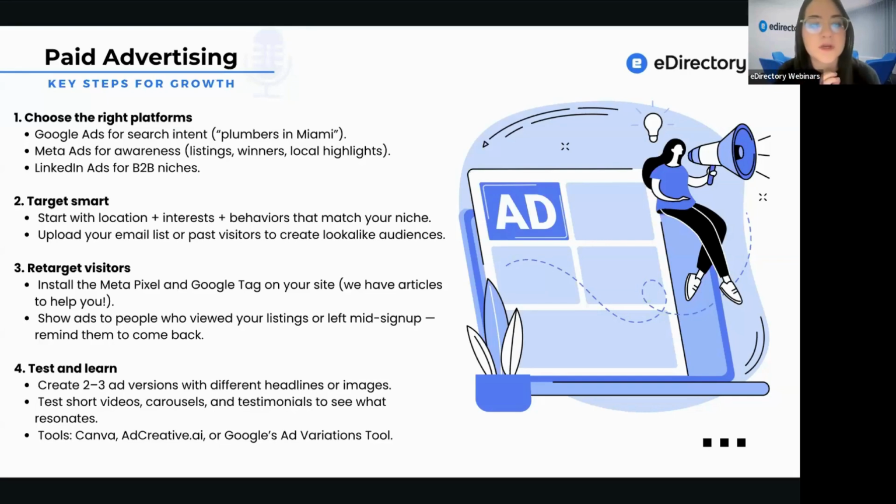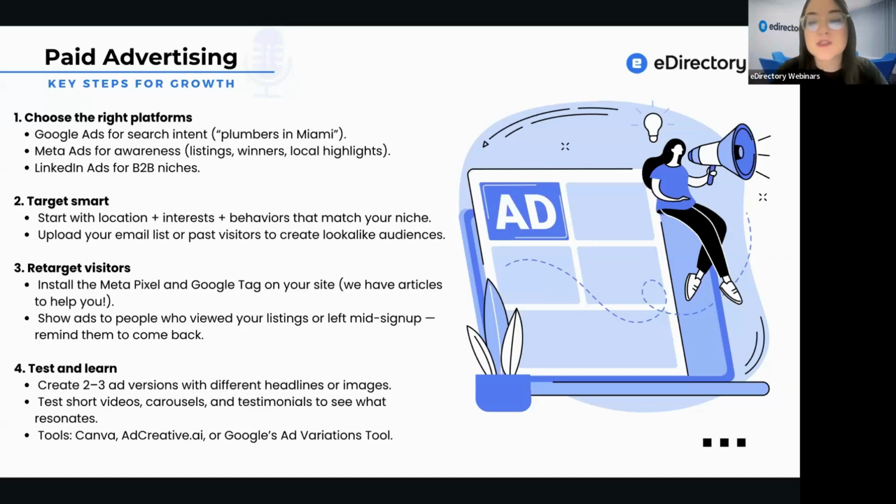And also retarget visitors, install Meta Pixel and Google Tag on your site. If you don't know how to do that, we do have articles to help you, or you can email support@eDirectory.com if you need any help. But this is super important for you to track and know people that came to your website but didn't convert for any reason. Maybe they didn't have the money at the time, or they were busy, they forgot about it.